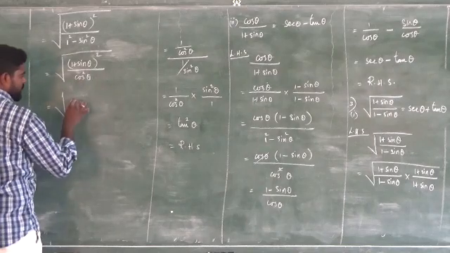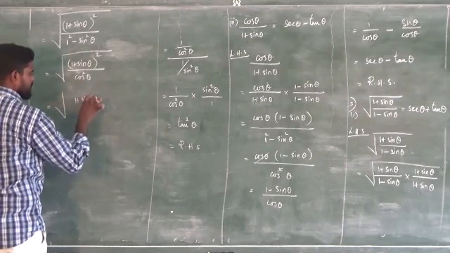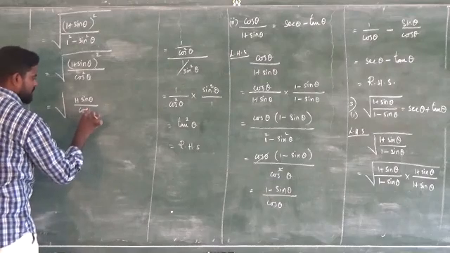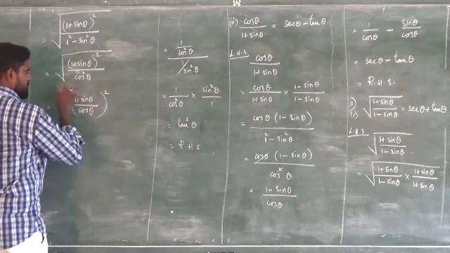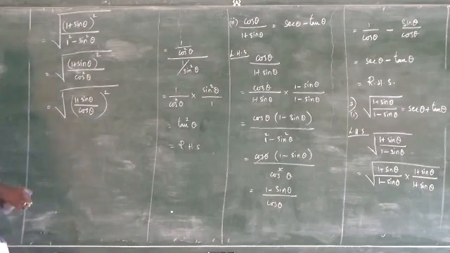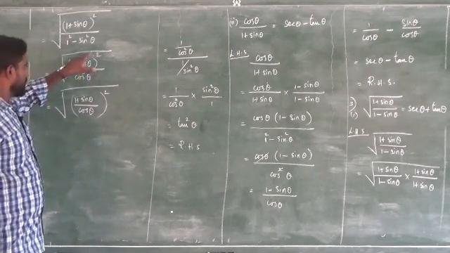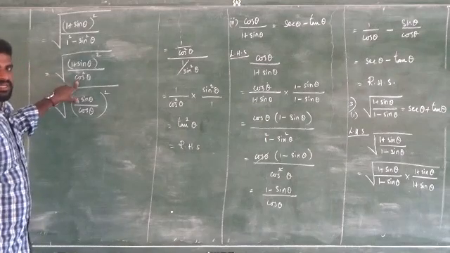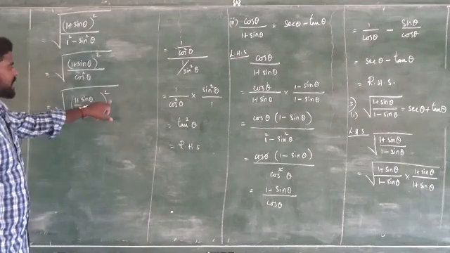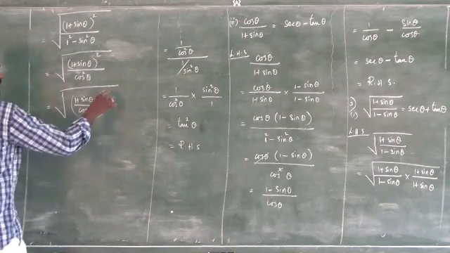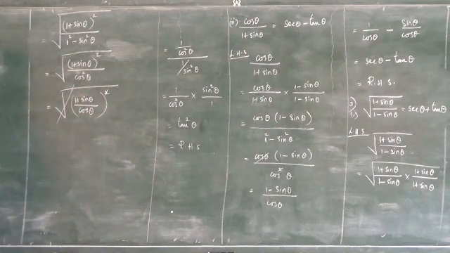Then write it in terms of whole square: 1 plus sin theta by cos theta whole square. The square applies to both numerator and denominator, because in the numerator we have 1 plus sin theta whole square and in the denominator it is cos square theta, both are in square, so we can write it in terms of whole square. Now the square and root will be cancelled.